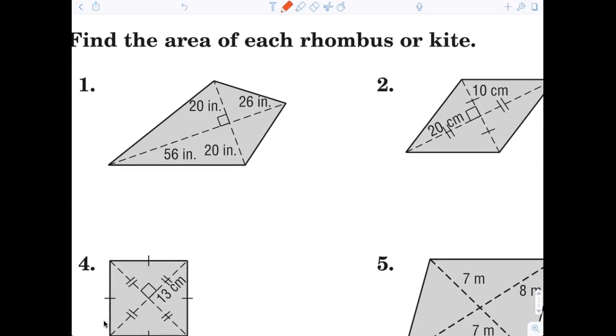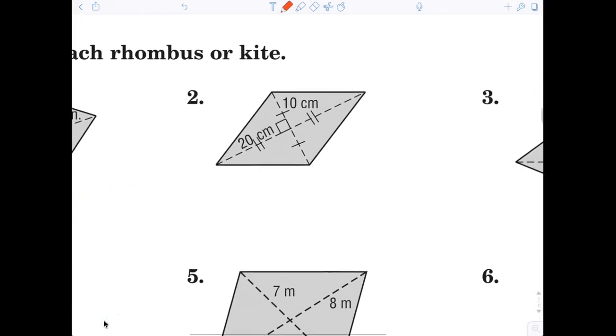So here we go. This area is equal to squared. Easy enough. Here we go. 1640. Now for number 2.